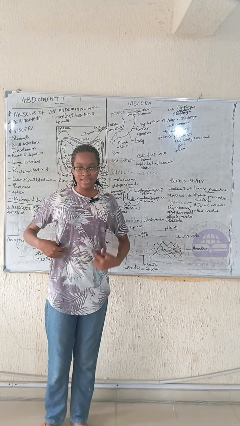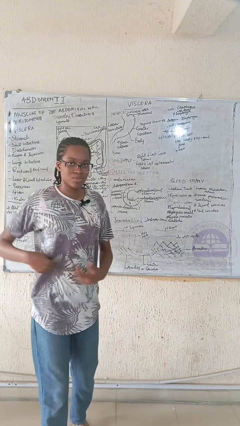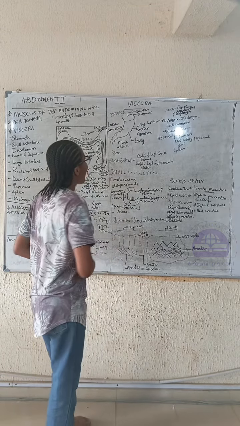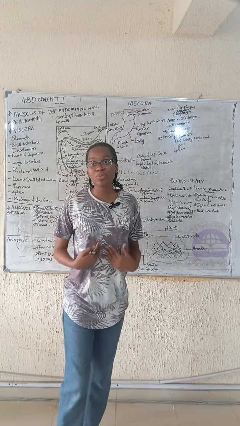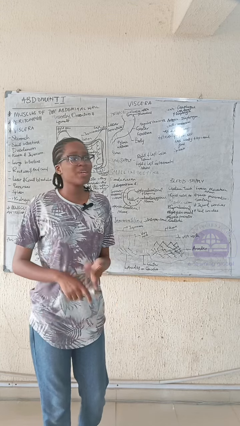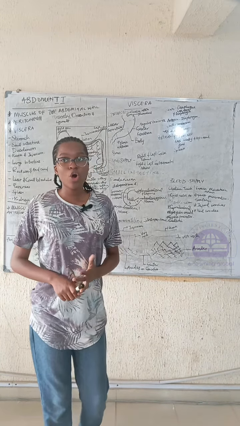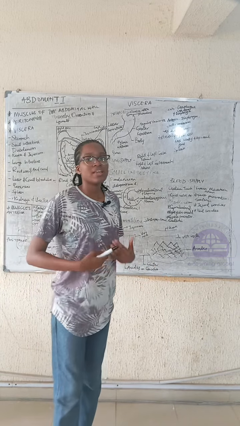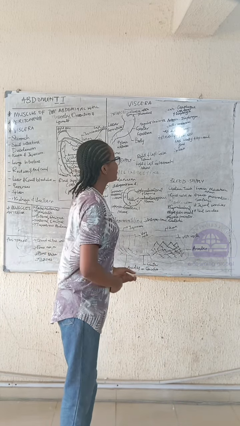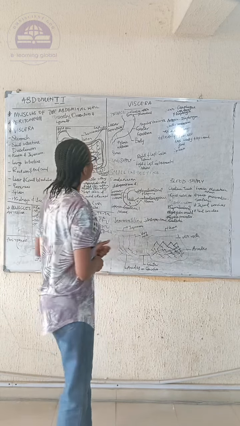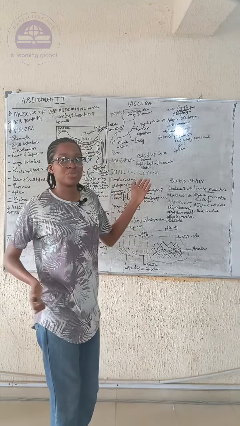So it's more in the left hypochondriac region and the epigastric region. I don't really want to give an extent because the stomach has varying extent depending on the weight of the person and depending on if your stomach is full or empty. Sometimes it can reach as low as L4, the fourth lumbar vertebra.